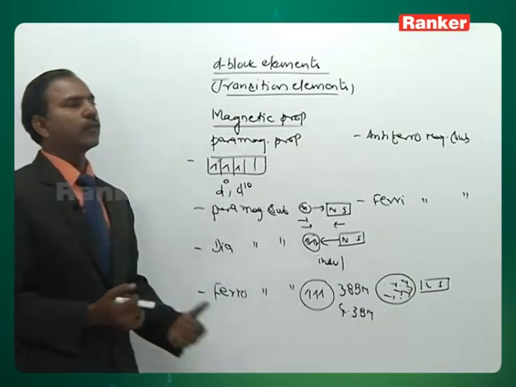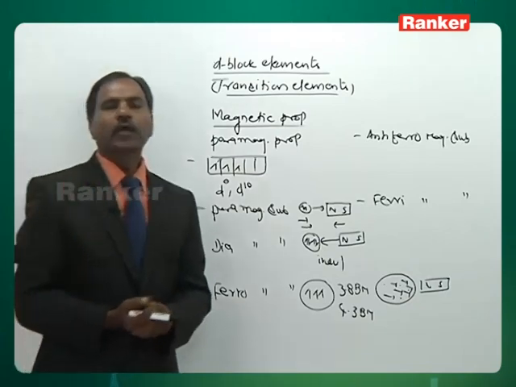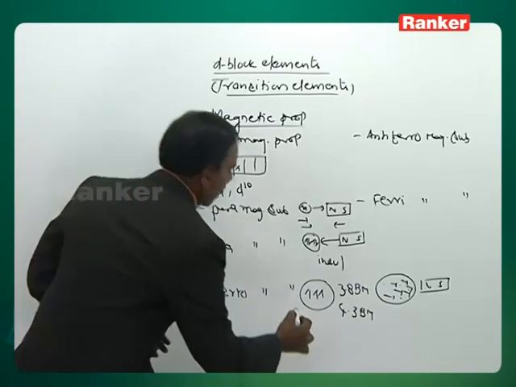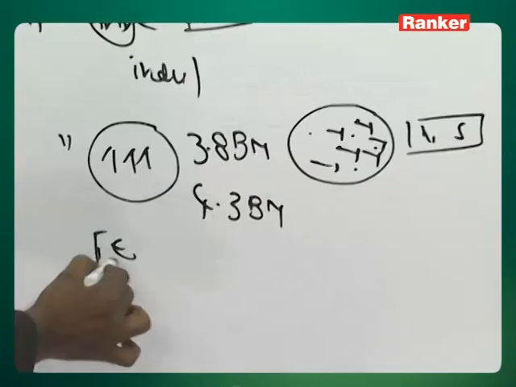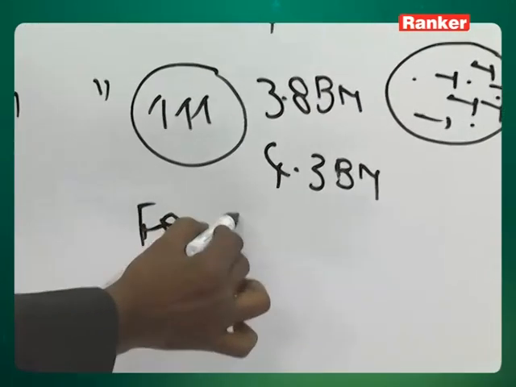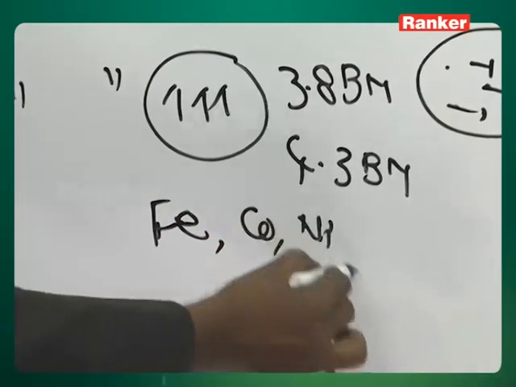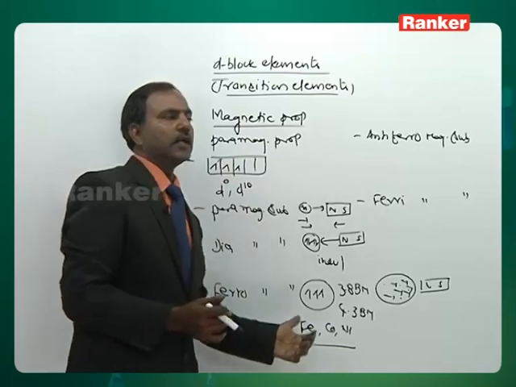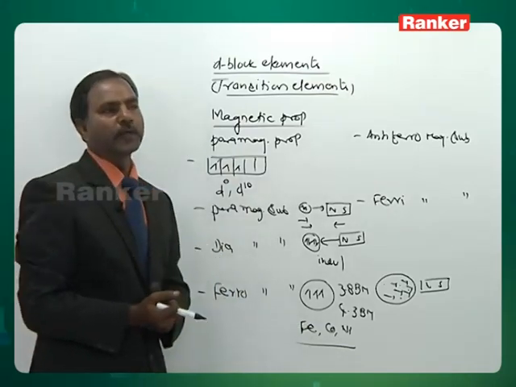Such a substance we call it what? Ferromagnetic substance. What are the examples under ferromagnetic substances? Now we can take most of the iron, cobalt, nickel. Most of the iron, cobalt, nickel and their compounds are generally exhibiting ferromagnetic property.